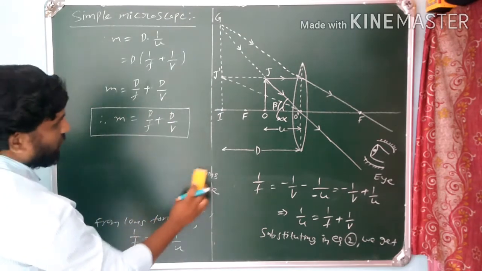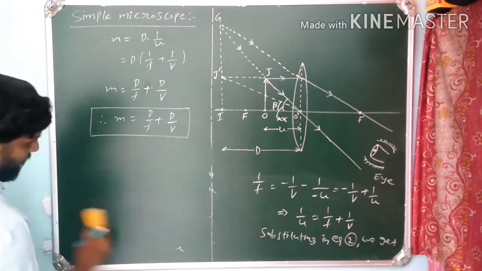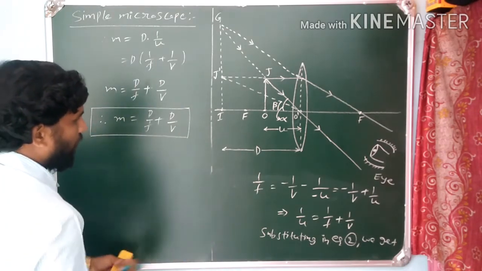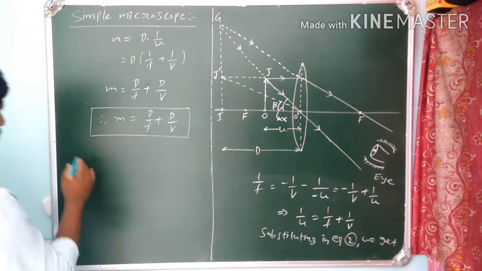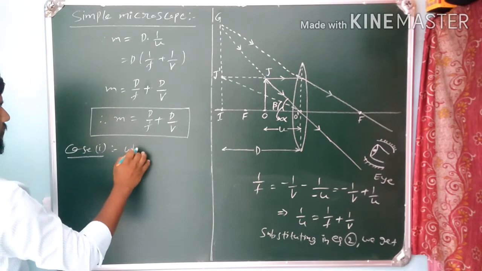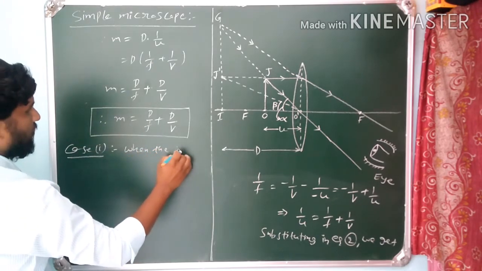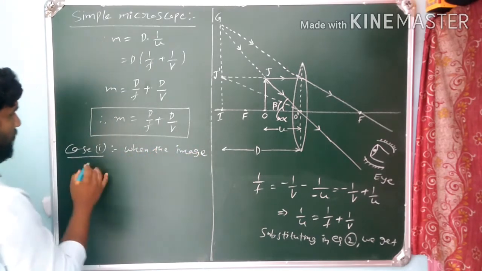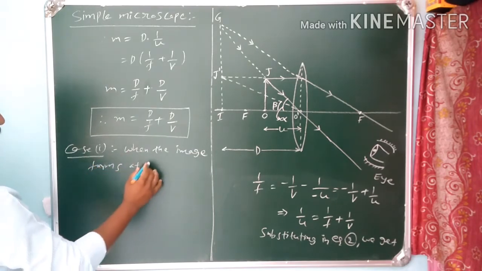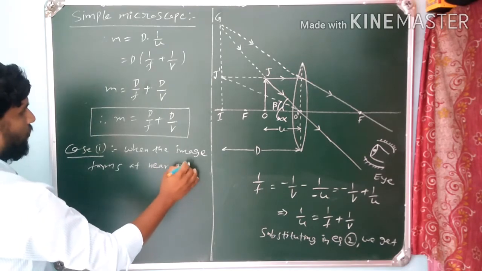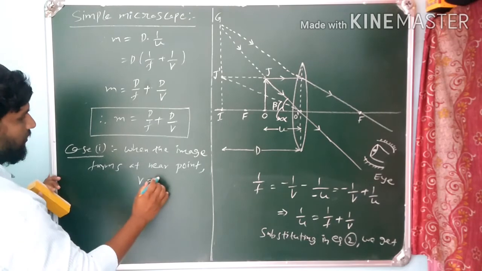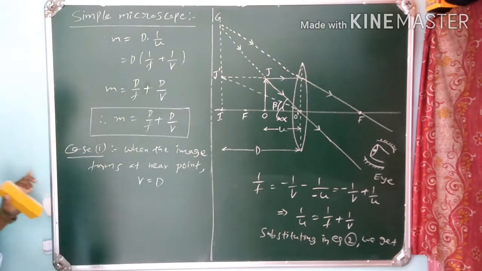Suppose the image is formed at the near point. Here we have two cases. Case 1: when the image forms at the near point, V equals capital D, the least distance of distinct vision.